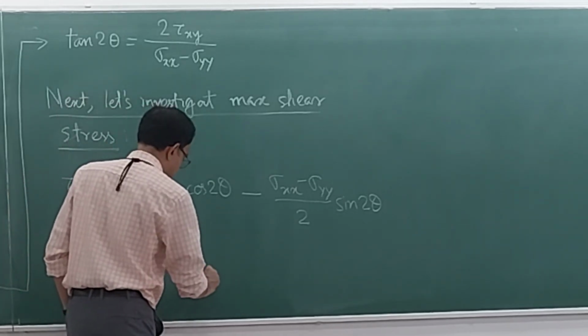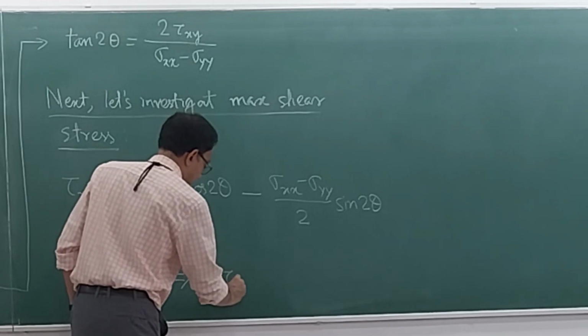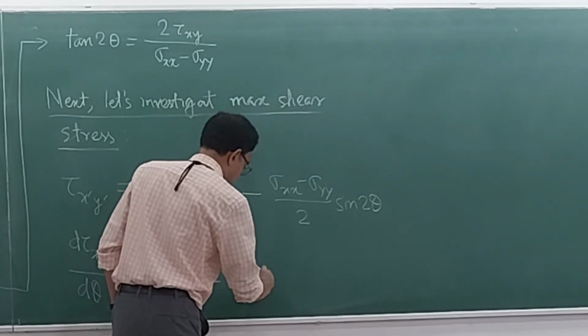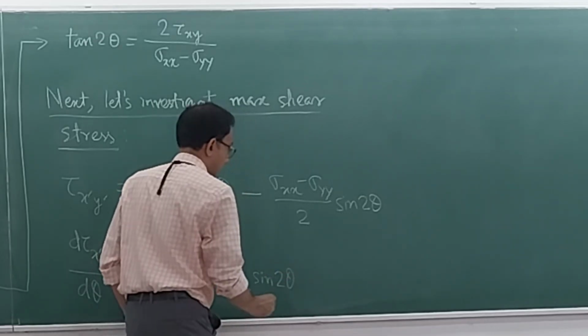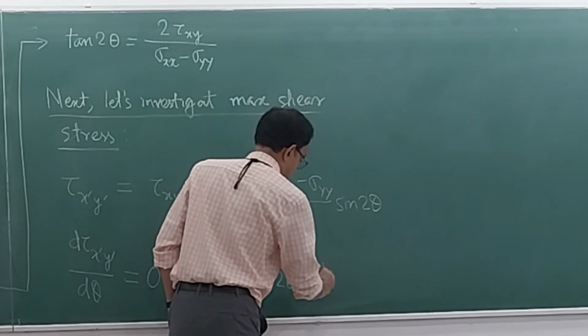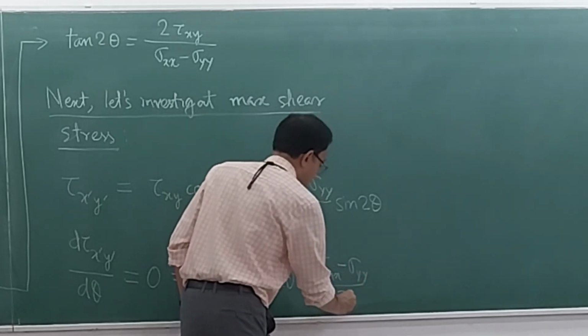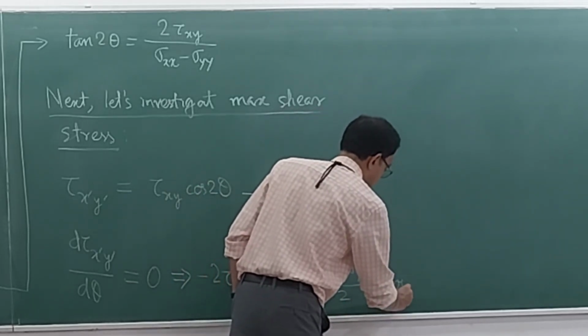So this one gives us minus twice tau xy sine 2 theta and minus sigma xx minus sigma yy by 2 cos 2 theta.